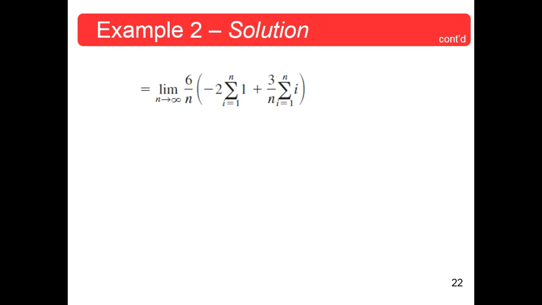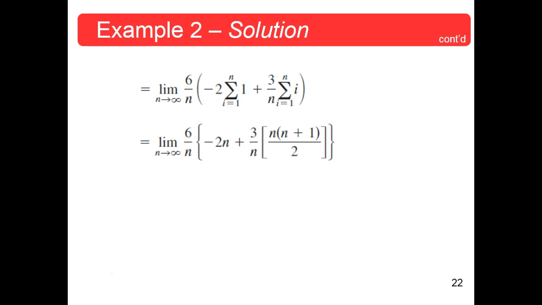So minus 2n, that will give you that part. 3 over n times the summation of this, and that, if you remember, is n times n plus 1 over 2, from the table from before. So this is 6 over n times minus 2n plus 3 over n times n times n plus 1 over 2. So let's do the math.